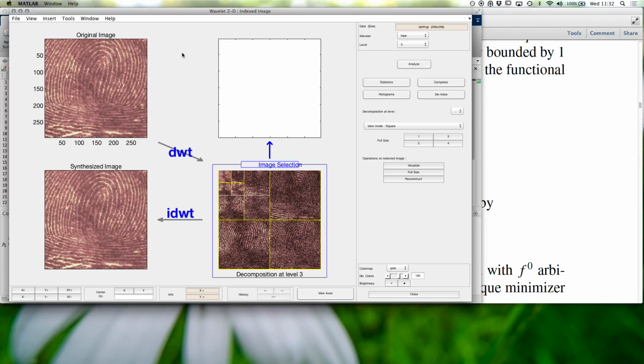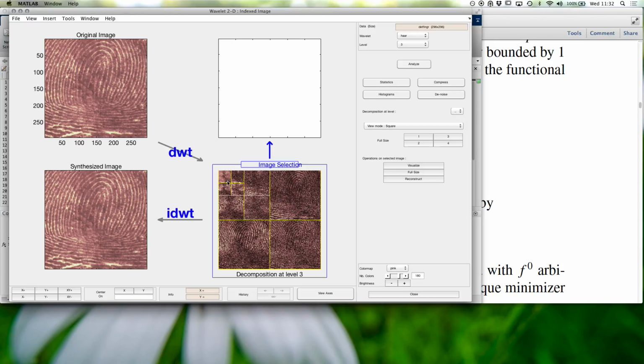So wavelets won that competition because by thresholding wavelet coefficients, it turns out that you can put a lot of wavelet coefficients to 0 and still retain the usefulness of the image. It's a really good compression method.